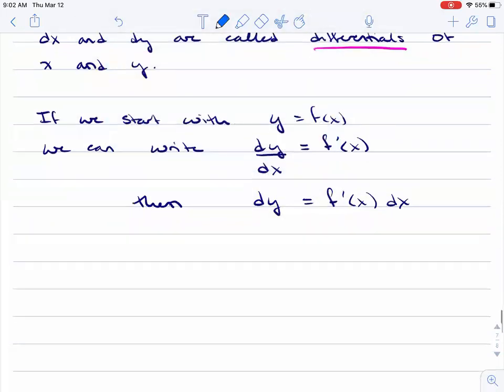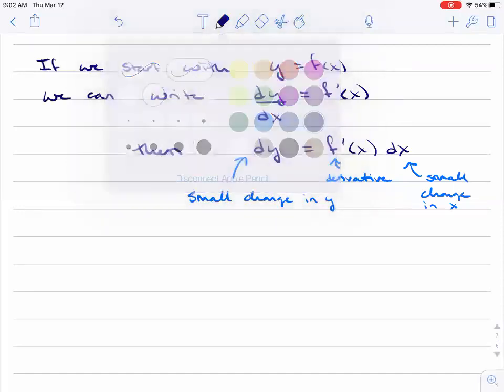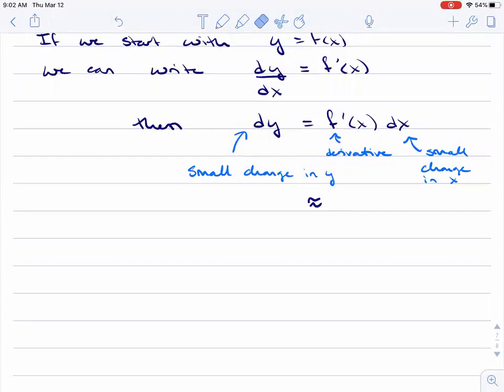So what we've got here is just a small change in y. f prime of x is the derivative. And then, of course, dx is a small change in x. But dy is roughly delta y.